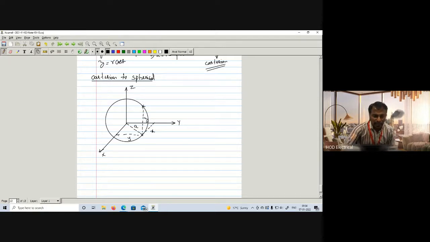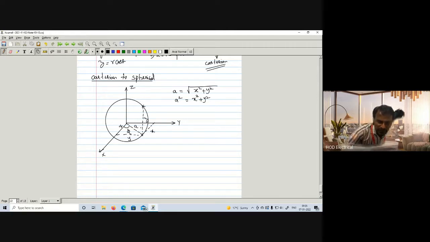So we know that a is the hypotenuse, with sides y and x. Therefore we can write a is equal to square root of x square plus y square, or otherwise a square equal to x square plus y square. That means hypotenuse side square equal to adjacent side square plus opposite side square.